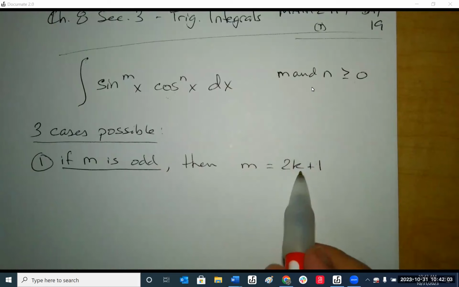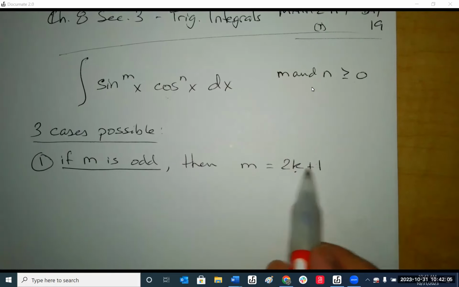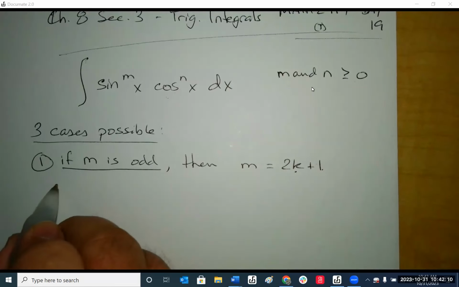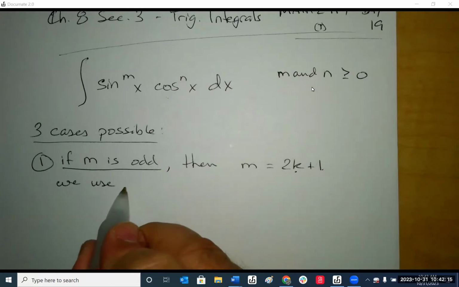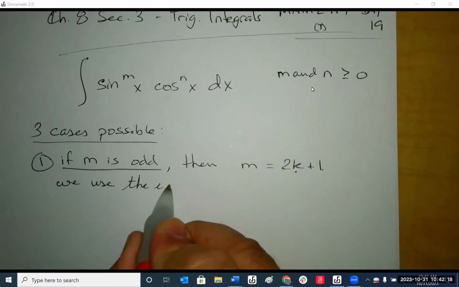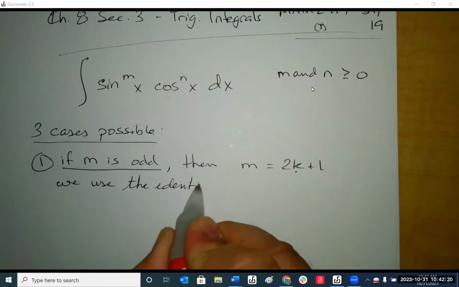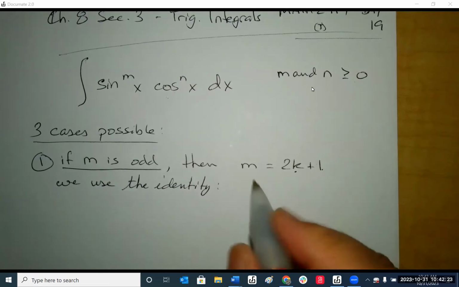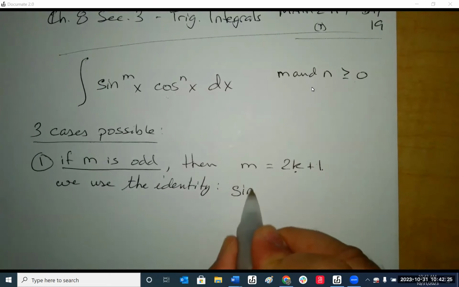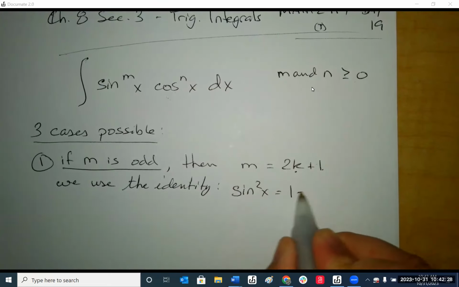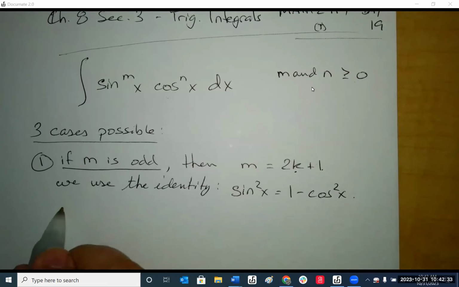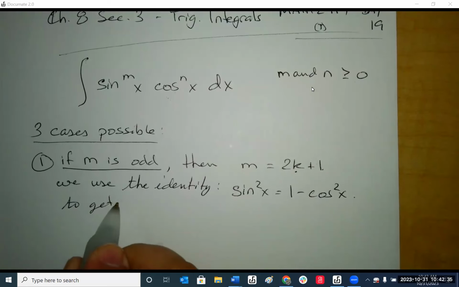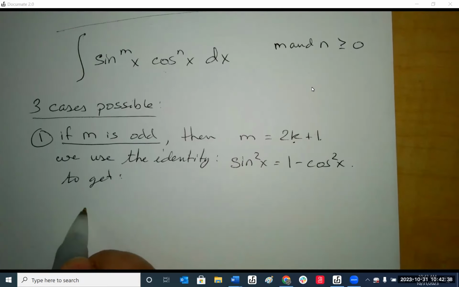If k is any integer, times 2 is even, and when you add 1, it's going to be odd. We use the identity sine squared x equals 1 minus cosine squared x, to get this formula.